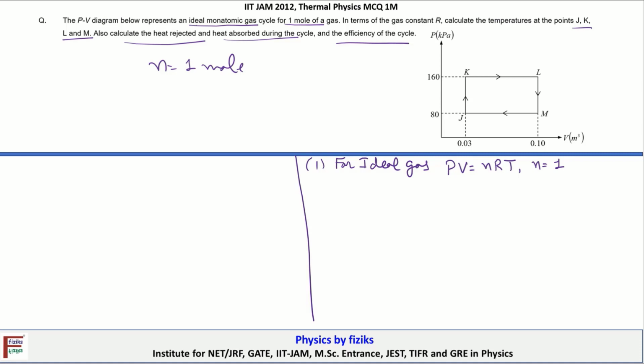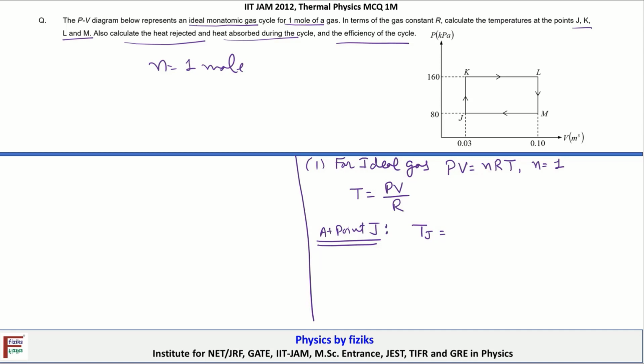So from here the corresponding temperature is equal to PV upon R. Now at point J, let's call the temperature Tj. So Tj is equal to the product of PV divided by R.